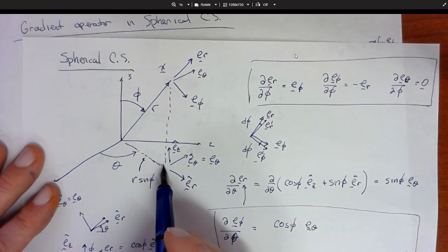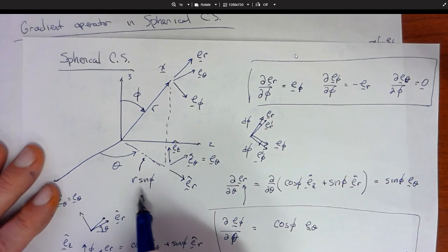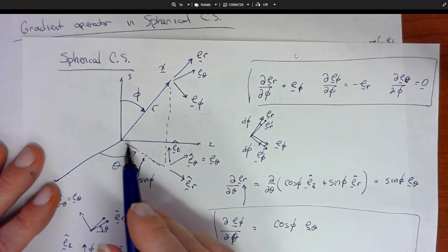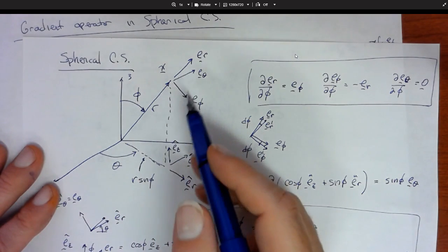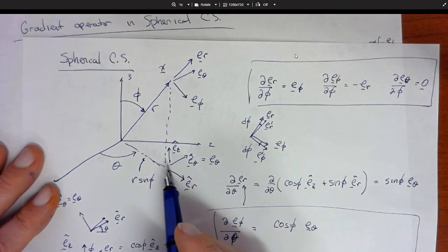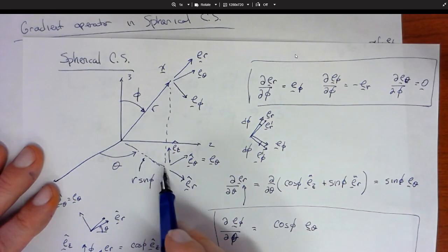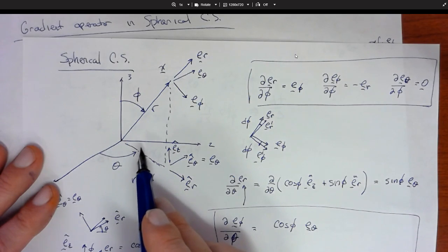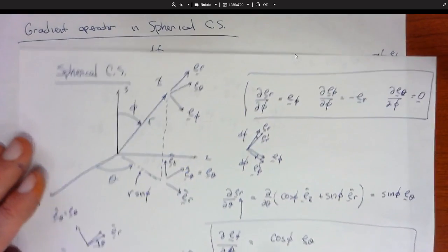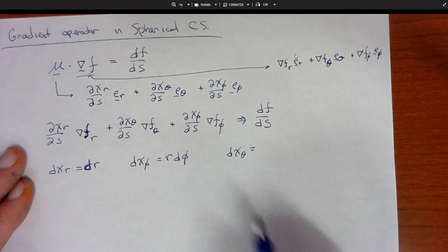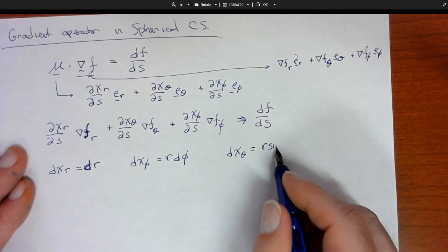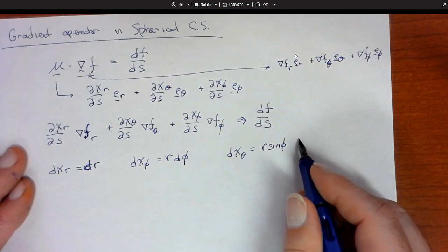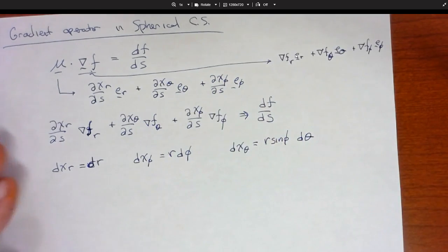So it's going to move d theta times r sine of phi. Because if we perturb in theta, the amount this position vector changes is going to be this length times the change in this angle theta. So the measure along that is going to be r sine of phi d theta.